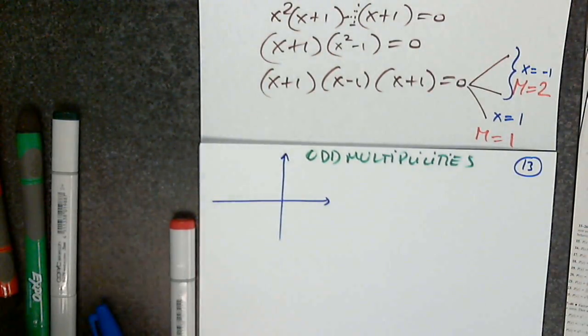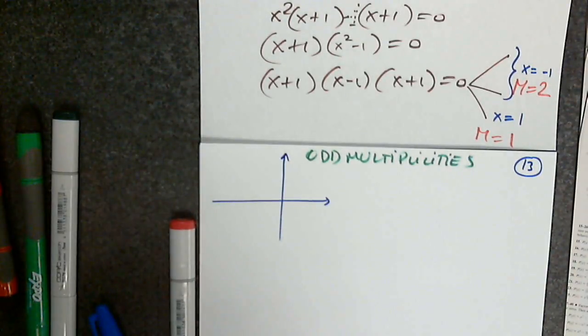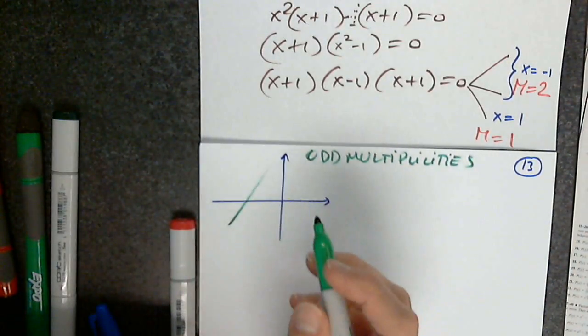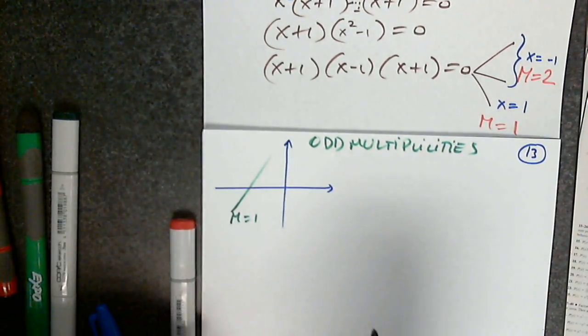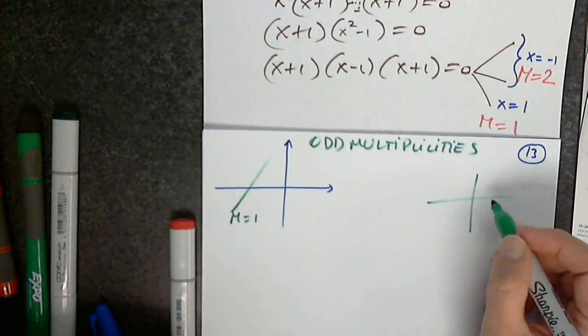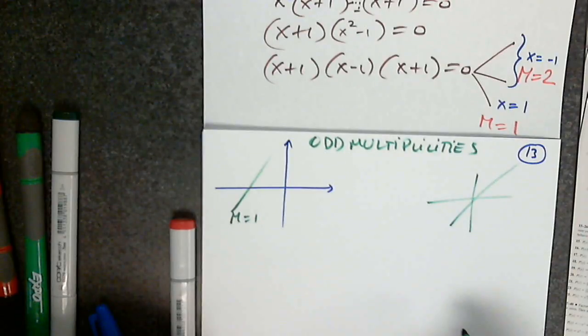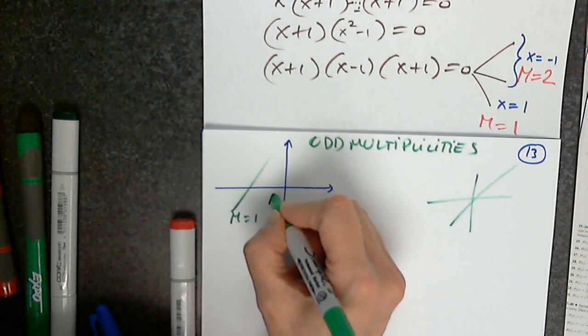A solution appears once, appears 3 times, and so on. If it appears once, multiplicity 1. If it appears 3 times, I'm sure you remember x cubed. When we graphed x cubed, we didn't graph it like this. Here's how we graphed x cubed.